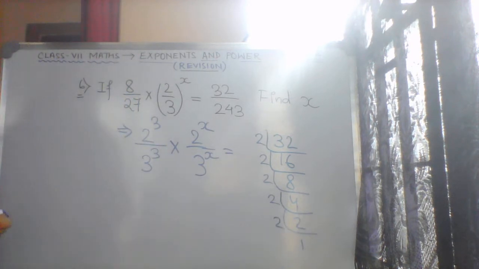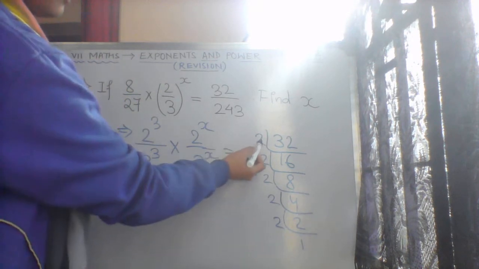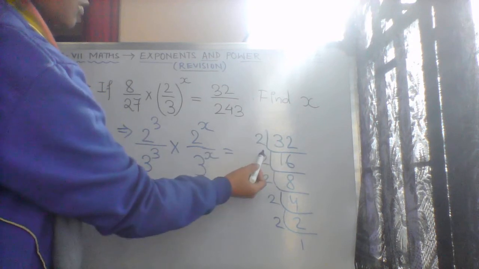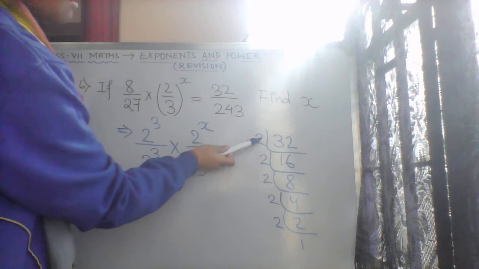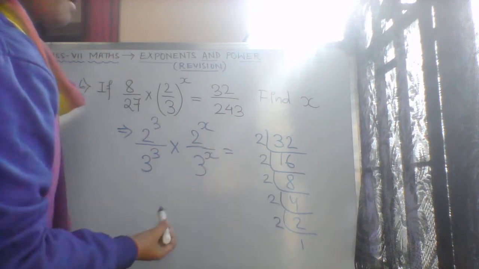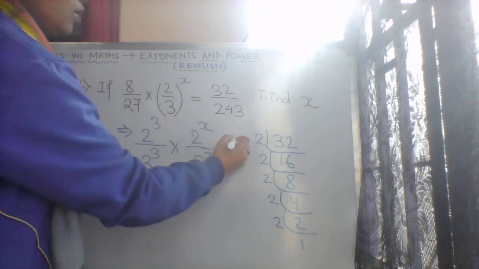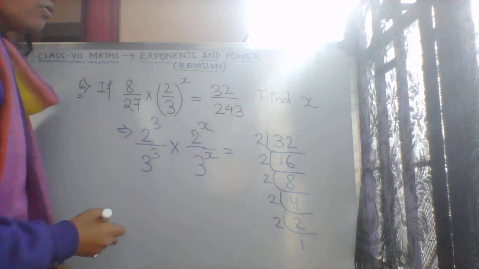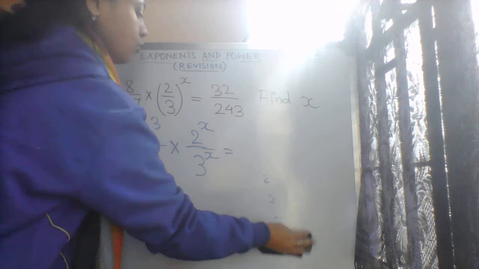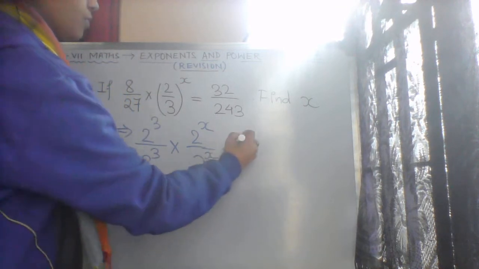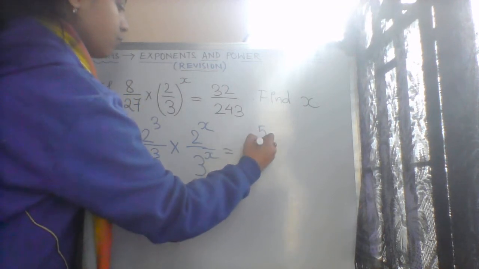So how much are you getting? 32 you can write as 2 into 2 into 2 into 2 into 2. So 2 is getting multiplied how many times? 1, 2, 3, 4, 5 times. So I can write 32 in the form of 2 to the power 5.